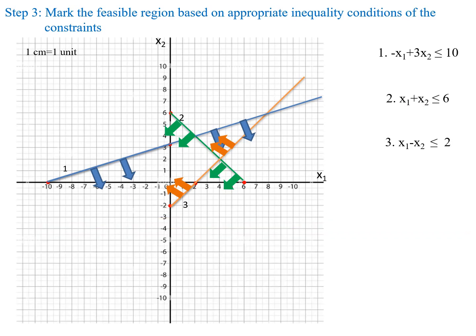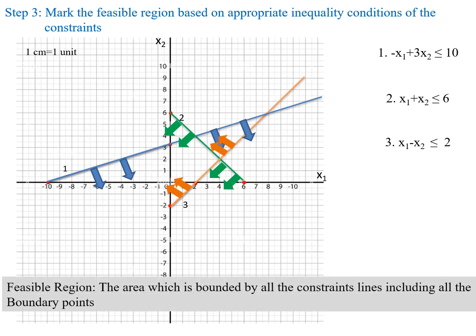Next, to mark the feasible region, which means the area bounded by all the constraint lines.